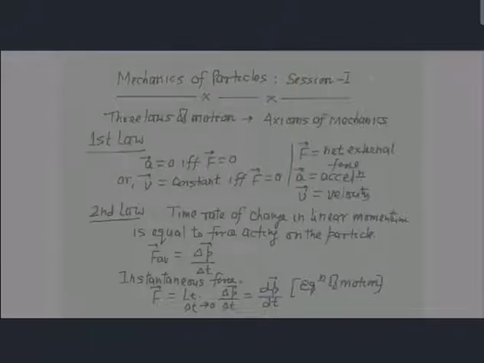If the force is 0, acceleration will be 0, and if the acceleration is 0, then force will be 0. So both are basically helping each other. From acceleration equal to 0, you can always tell that force equal to 0, and if force equal to 0, you can always tell that the acceleration will be equal to 0.